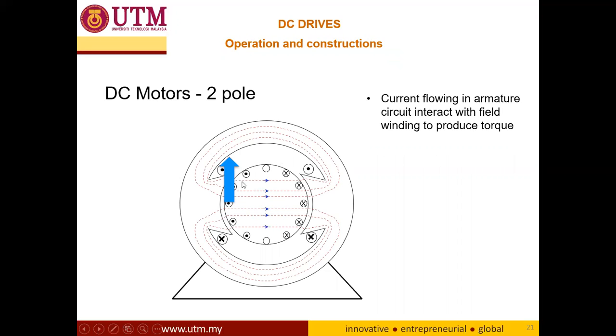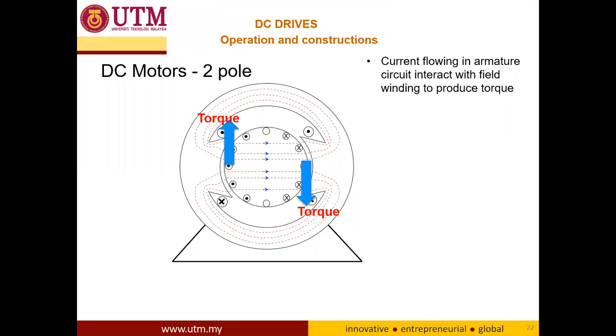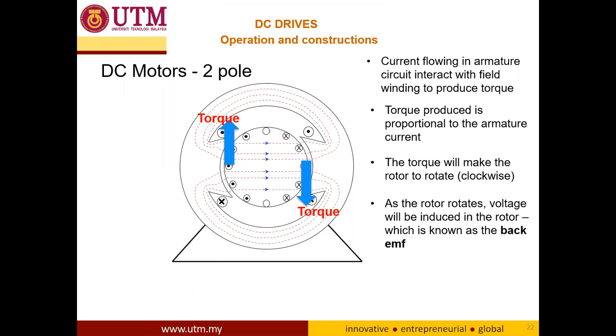The interaction between the current and flux inside the rotor and the stator will produce a torque. The rotation of the torque for this example is in the clockwise direction. As the rotor rotates, a voltage will also be induced in the rotor, and this voltage is known as the back EMF.